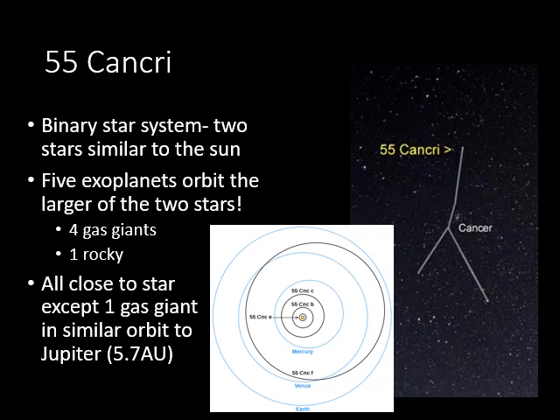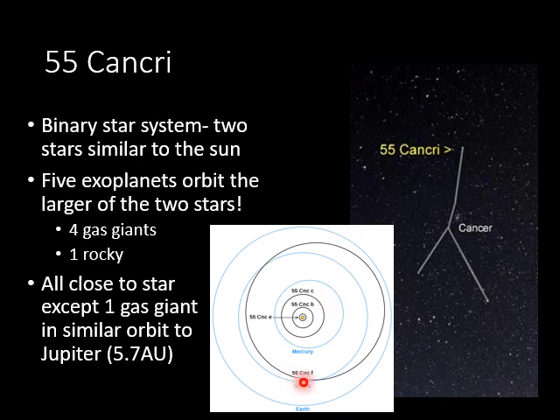On top of this image is showing you where the 5 planets in 55 Cancri would be located if they were in our solar system, which they're not. They're around a completely different star. But if they were in our solar system, where would they be? Well, 55 Cancri E, B, C, they are all within the orbit of Mercury. So all three planets would be closer to the sun than Mercury is to our sun.